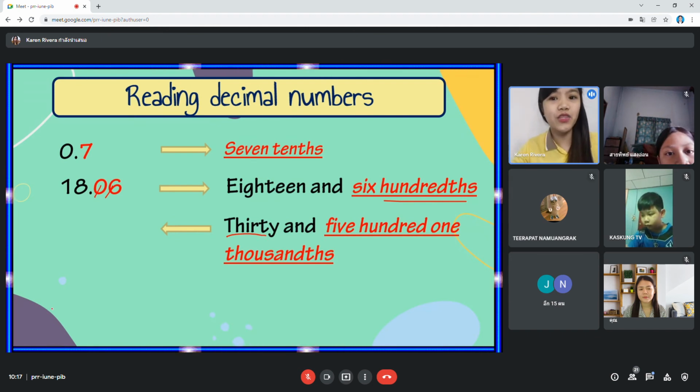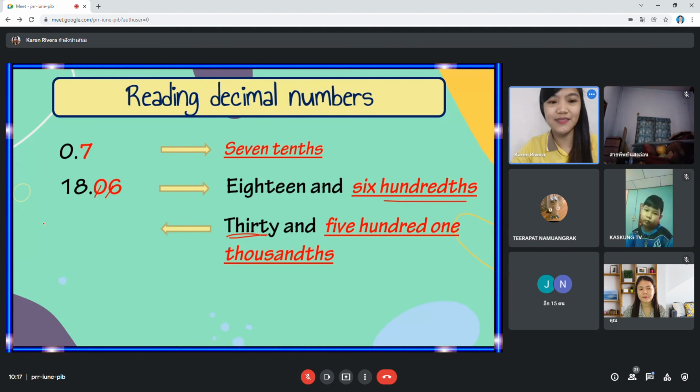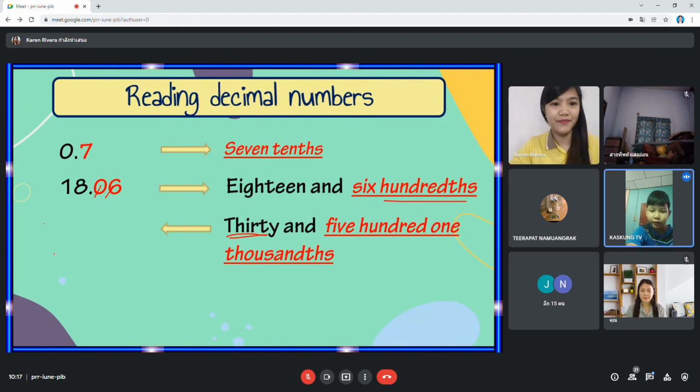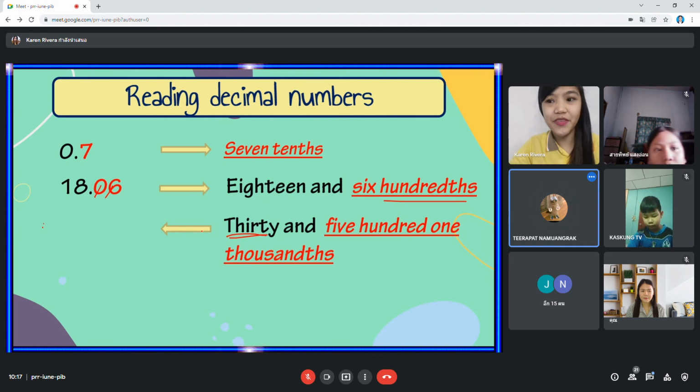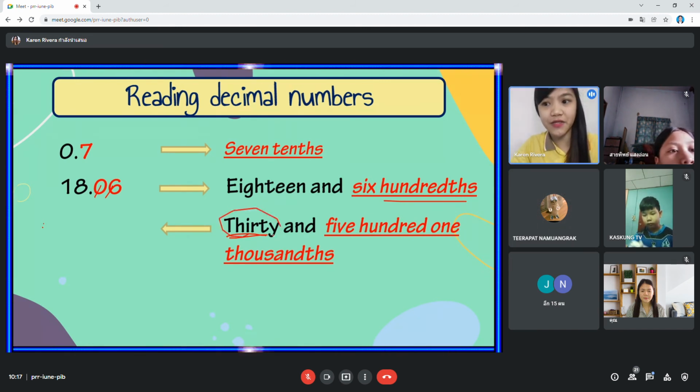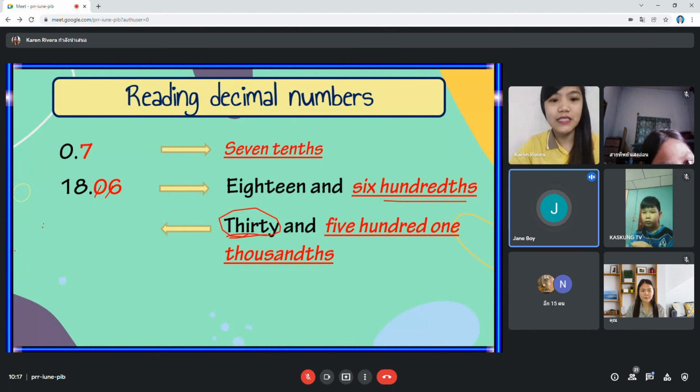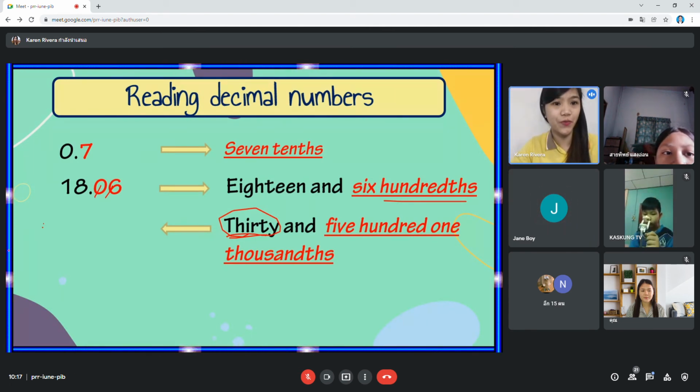What number do I need to write? How will you write 30 in number? Is it 1 3 or 3 0?